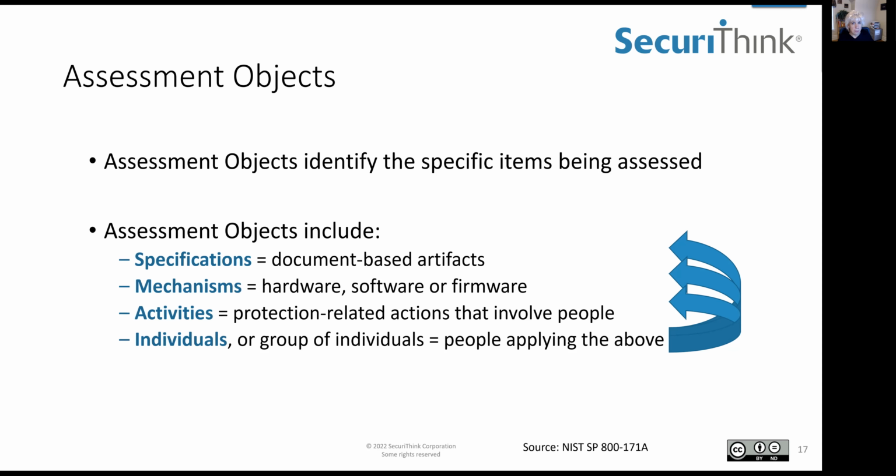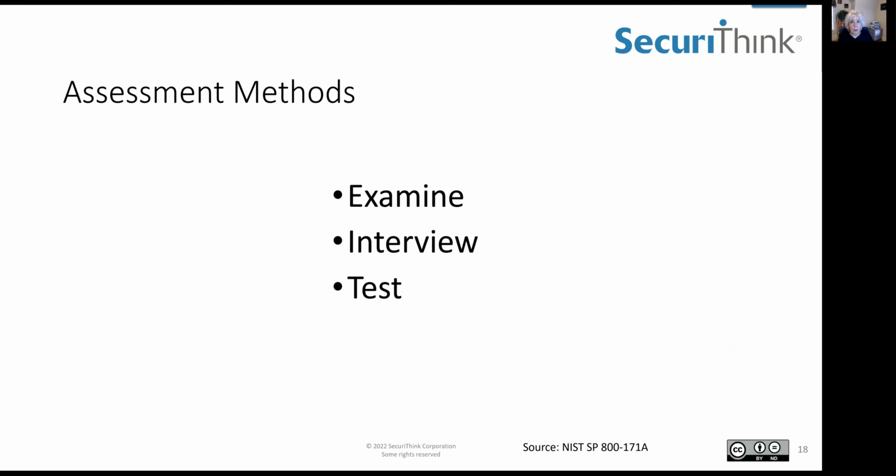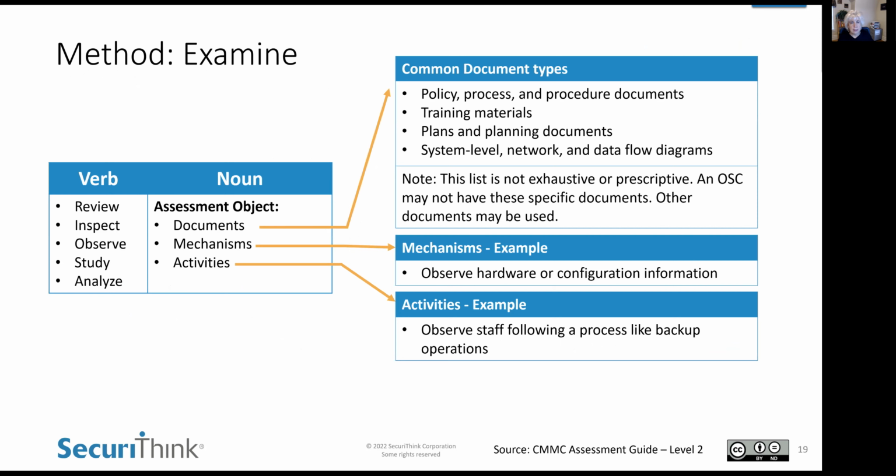What we do with these objects is described by methods. As we've already seen, there are 3 methods: examine, interview, and test. The CMMC Assessment Guide points to this part in 800-171A, but then the Assessment Guide elaborates a bit more. So let's see what that has to say.